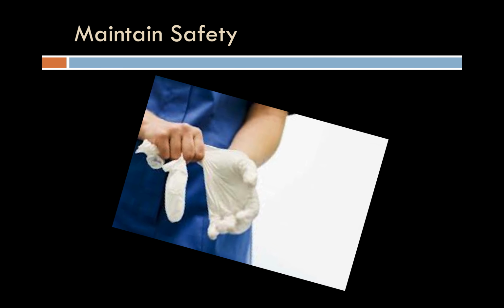And we're talking about maintaining safety. Make sure these are in your policies and that the staff members are knowledgeable of what the expectations are. And that's regarding universal precautions, toy sanitation, how and when the toys should be sanitized, proper hand washing procedures for the staff as well as for the children, proper diapering procedures.